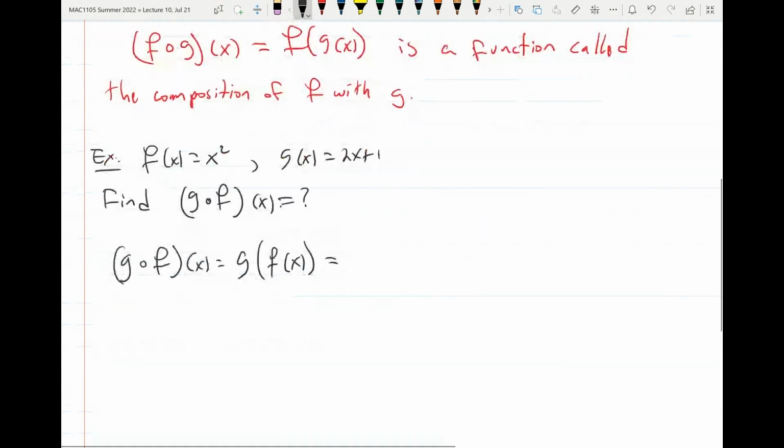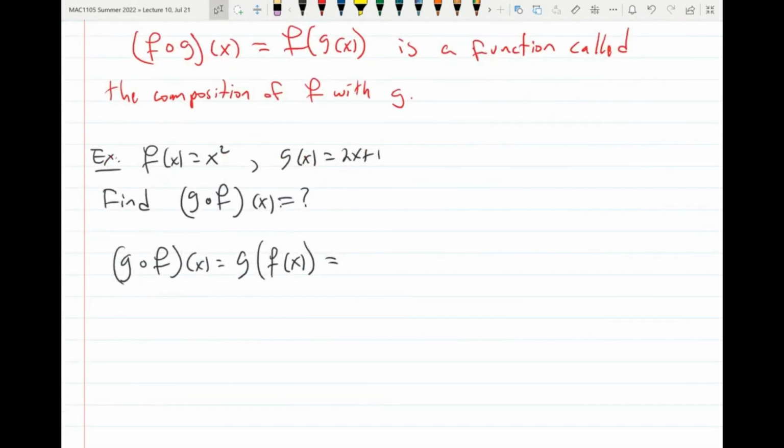So that means literally plug in the function f into g. What expression do I obtain if I do this? We get 2x squared plus 1. The reason why I did this little example is just to let you know that composition is not commutative. The order in which you compose the functions matters.